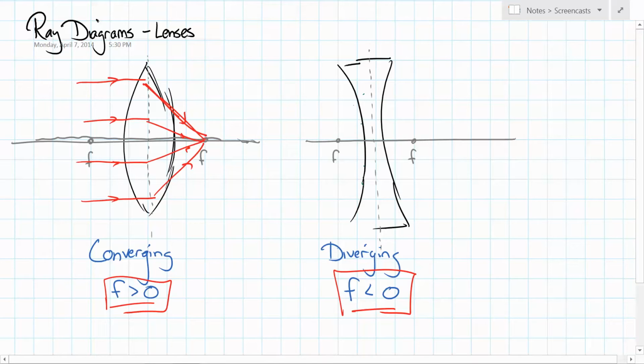Whereas if I send rays of light going in parallel to a diverging lens, they will appear to come from the near focal point, which is kind of a weird thing to think about, but so it goes. It can get a little tricky to sort out which focal point applies when, but the useful thing to know is that for a converging lens, the rays are bent towards the axis. For a diverging lens, the rays are bent away from the axis.